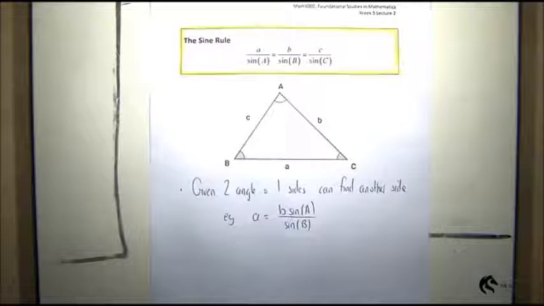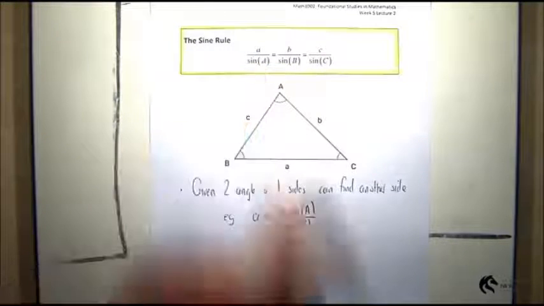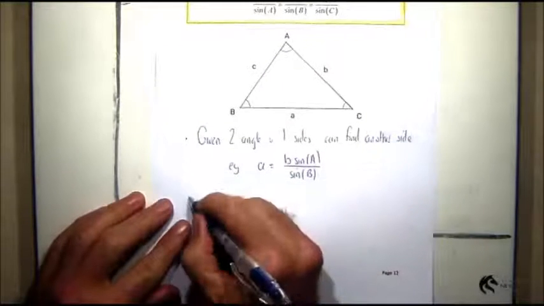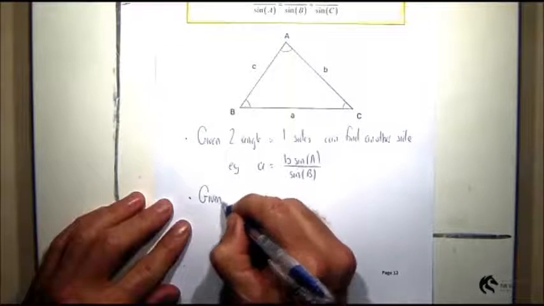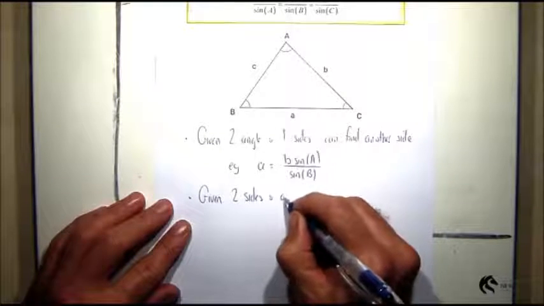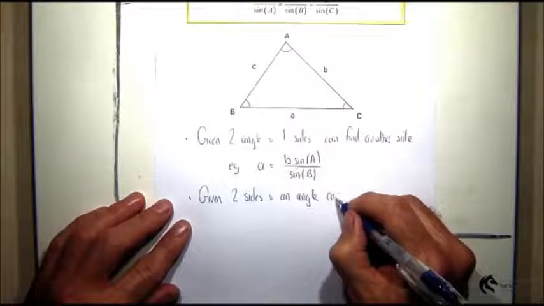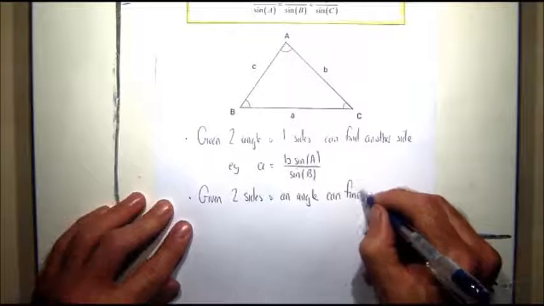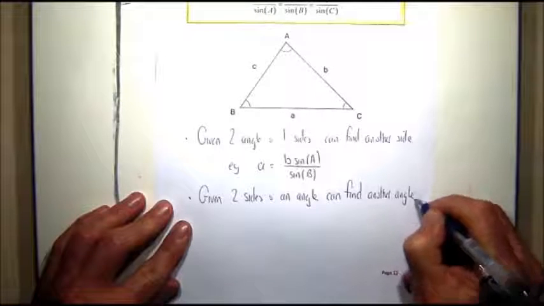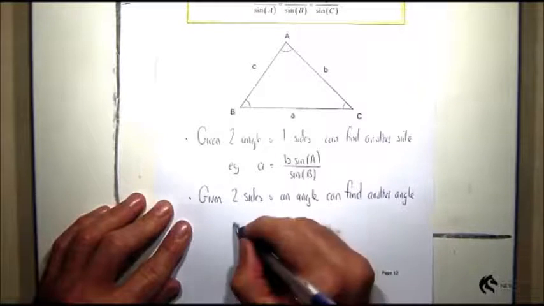Or alternatively, I could be given two sides and an angle, and then I can find another angle. So, given two sides and an angle, I can find another angle. So using the same equations here, I could make sine A the subject.